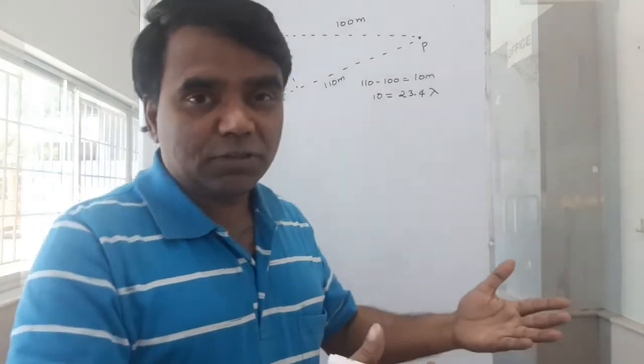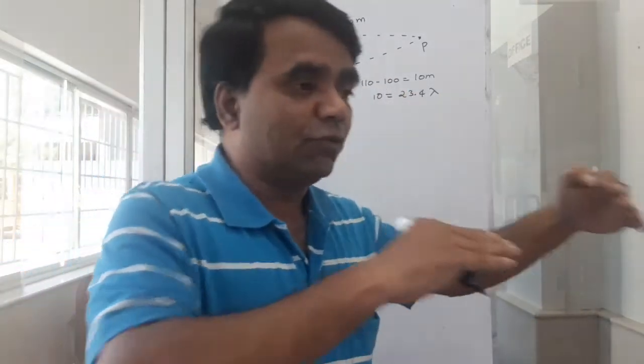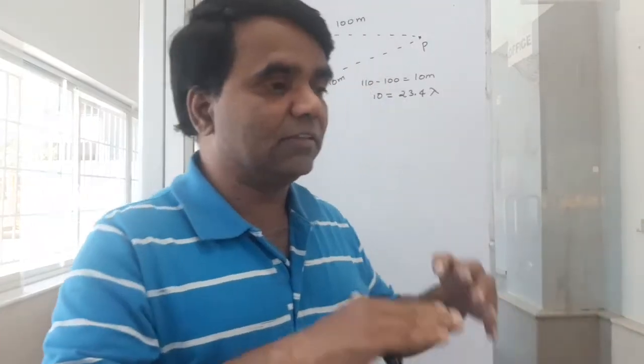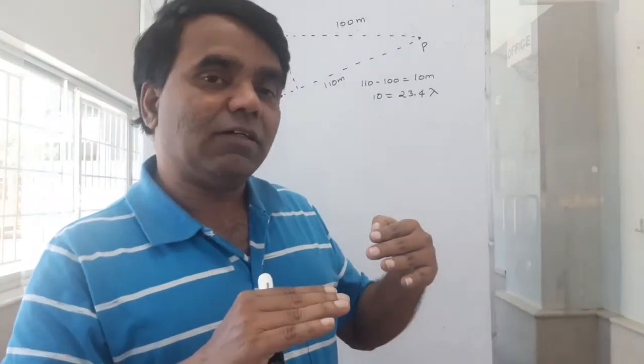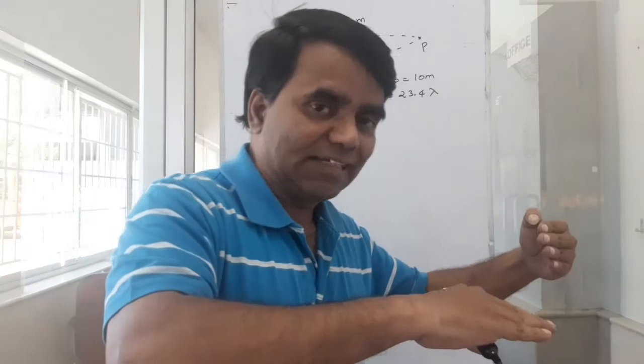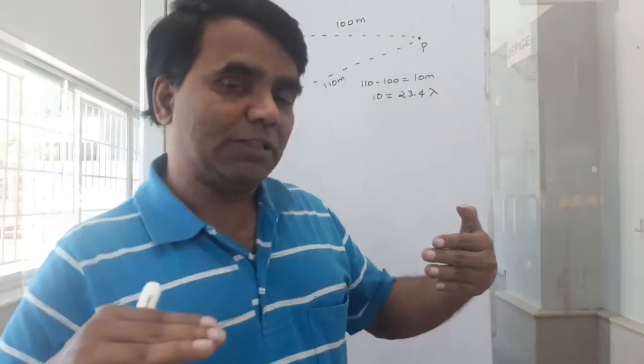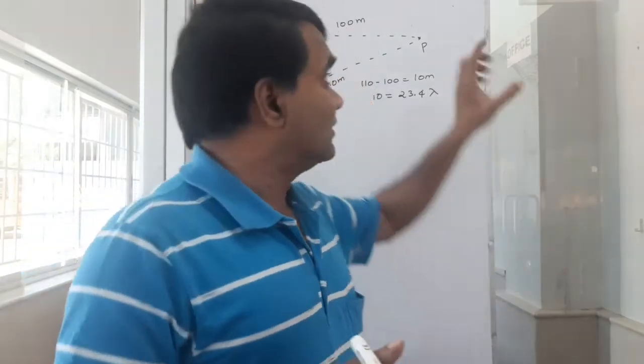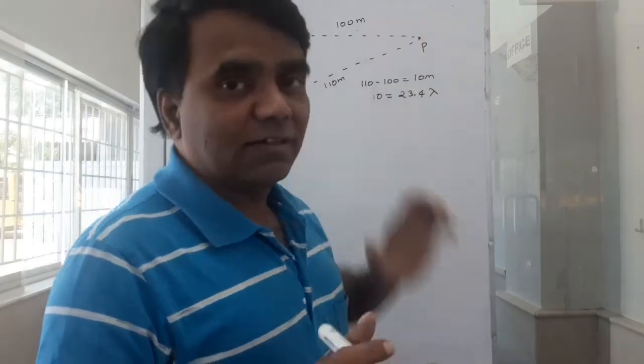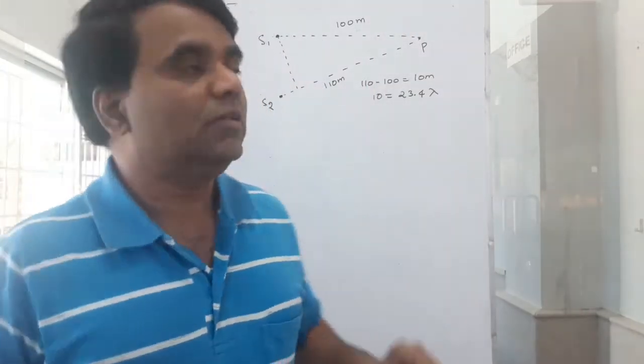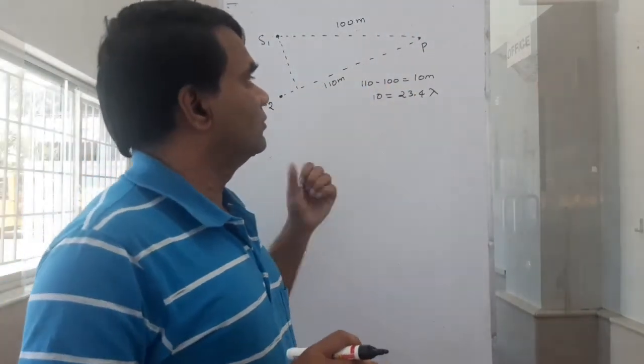And from that point forward, the 24th is meeting with the first, and then the 25th will meet with the second, and the 26th will meet with the third. So the interference will keep happening from that point forward. So this is how you do that.